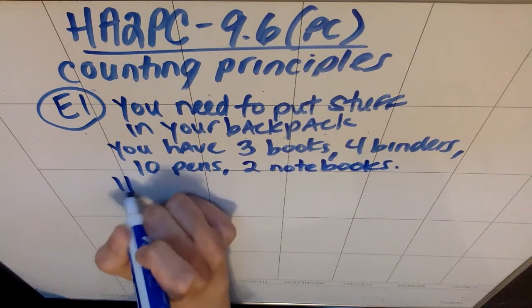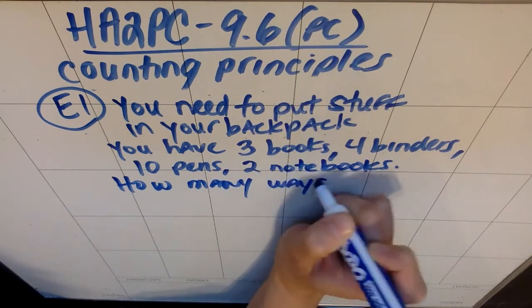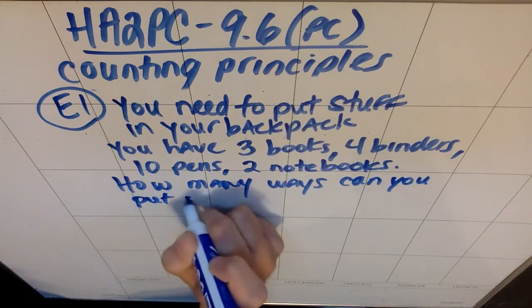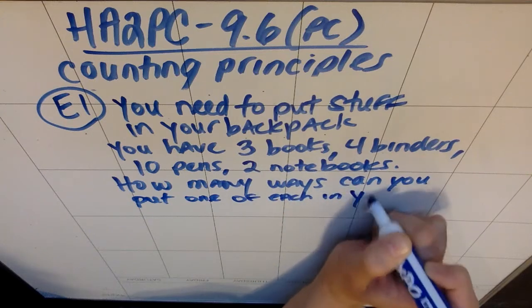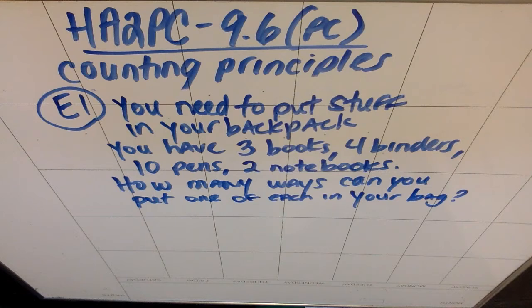How many ways can you put one of each in your bag? So what I'm saying is that when you're done packing, your backpack should have 1 book, 1 binder, 1 pen, and 1 notebook.